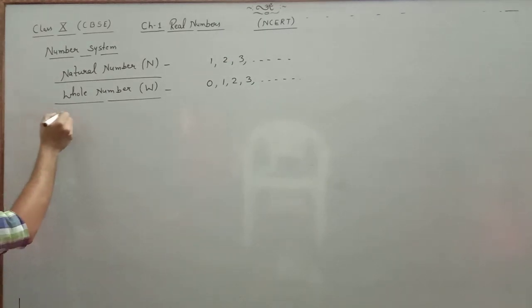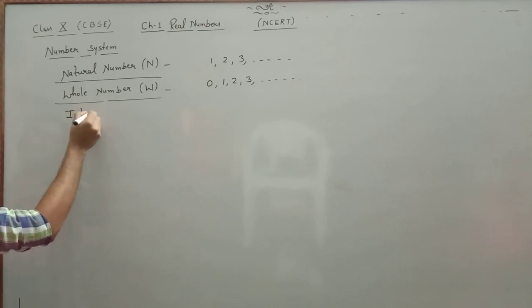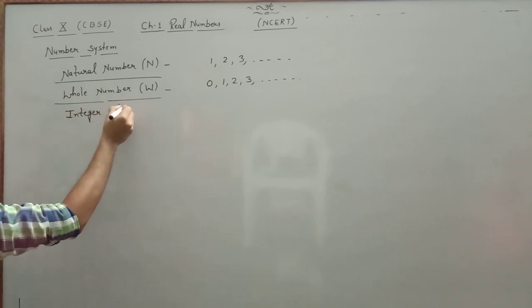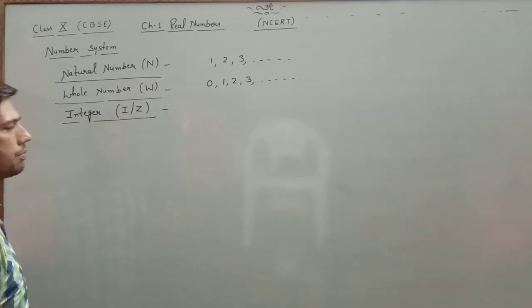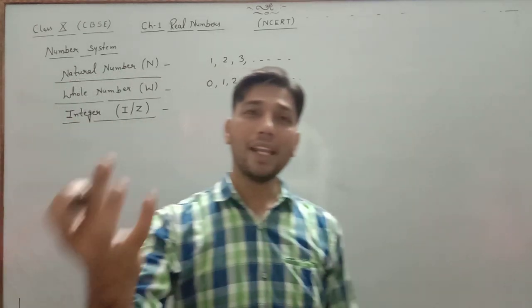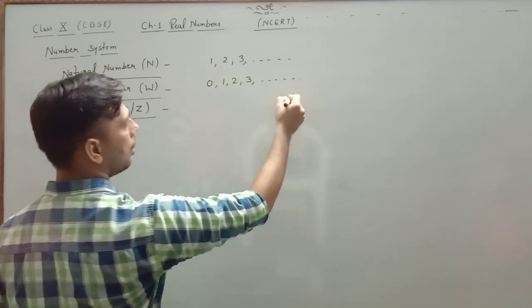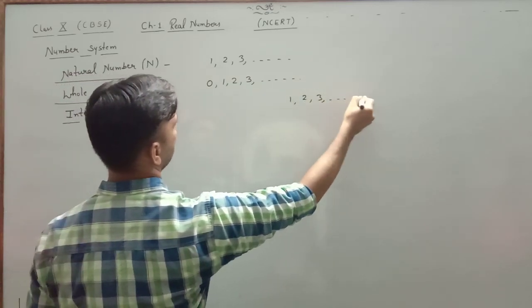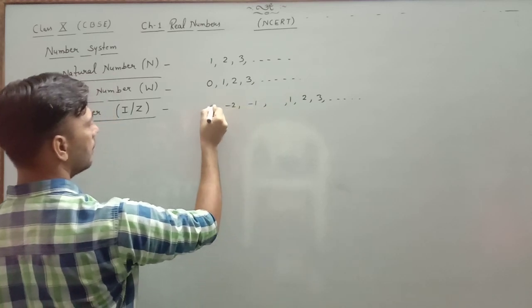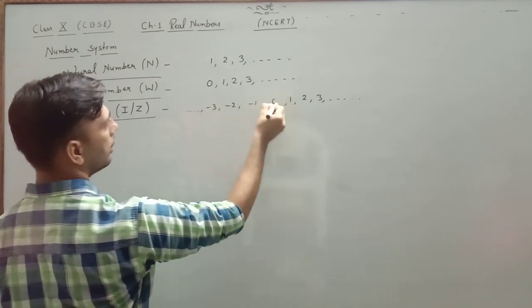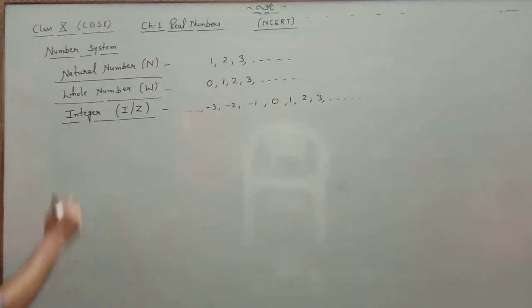Next one is integer, represented by I or Z. All natural numbers and their negatives, including 0, are called integers.